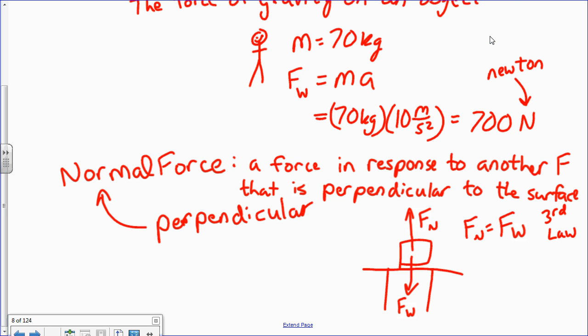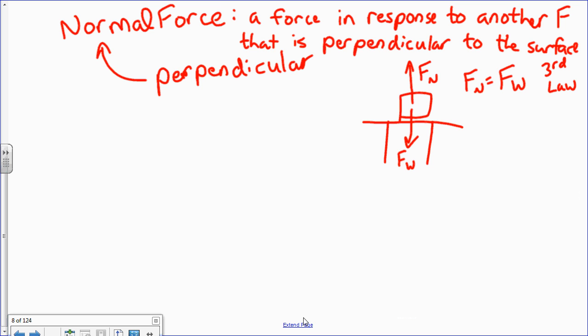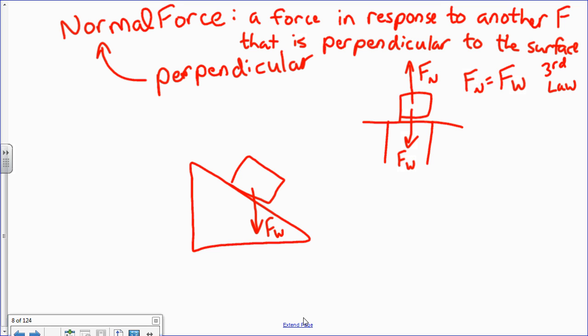All right, let's say instead I had a block sitting on a wedge, or an inclined plane we call it. Now here my weight would be down. What would be the direction of my normal force? Would it be up, to the side? What would it be? How do you think?